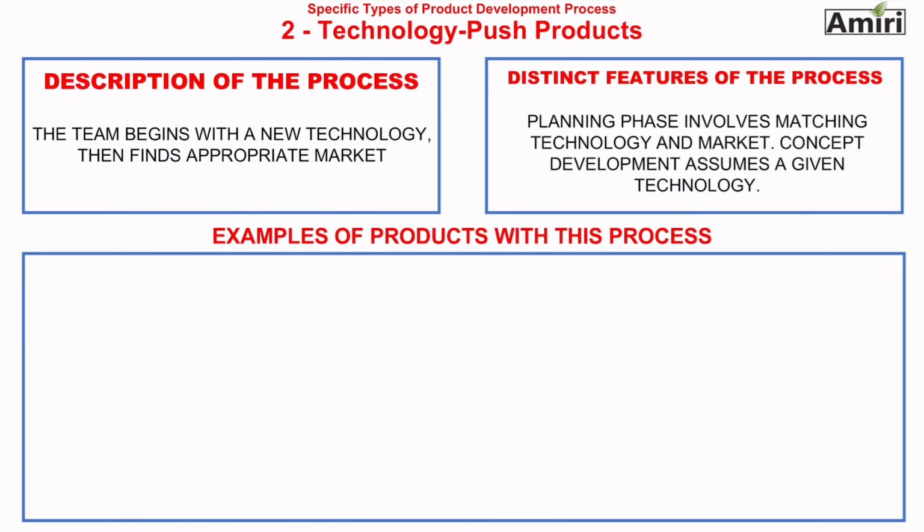In this case, the technology already exists, but they're trying to find maybe a different market for it. The planning phase in this process is about finding the best product application, while concept development starts with an already defined technology.